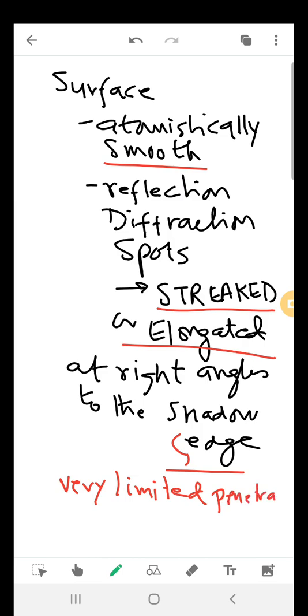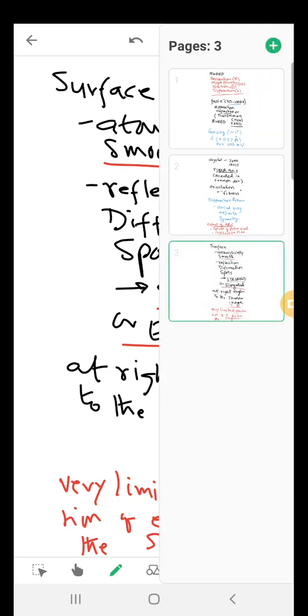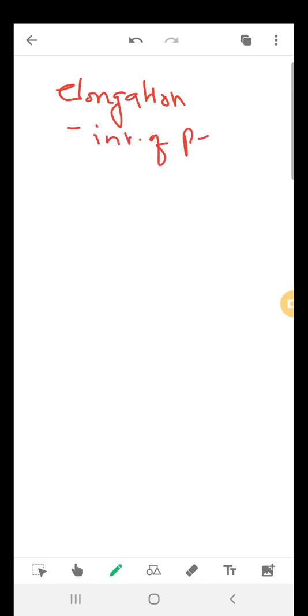Mathematically, the elongation is approximately equal to the inverse of the penetration depth. The lower the penetration depth, the longer the elongation.